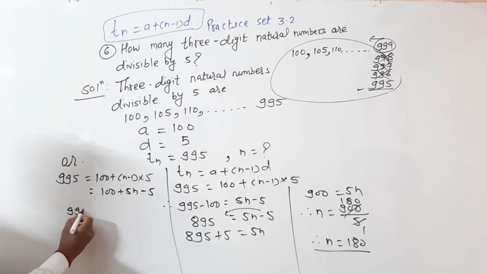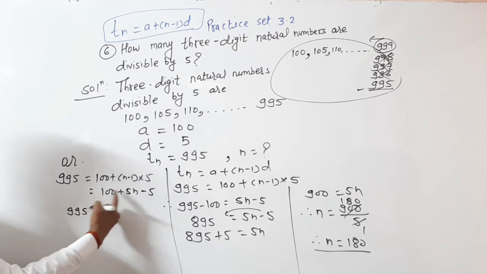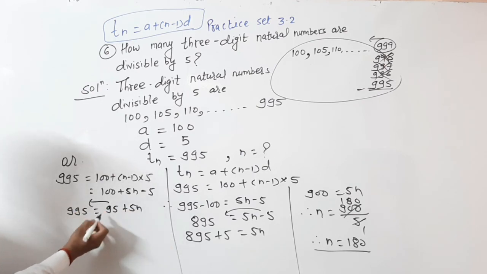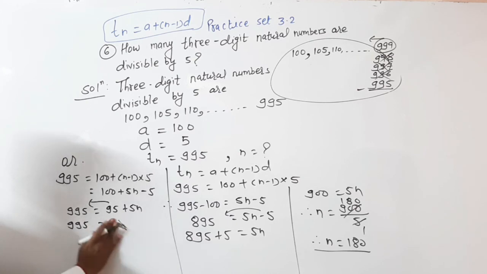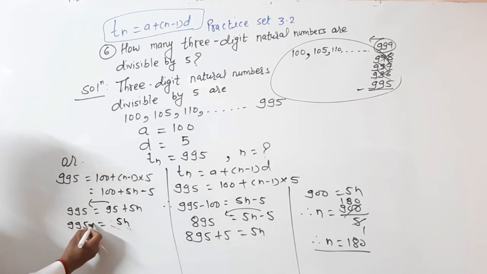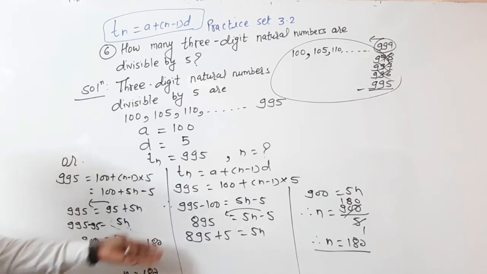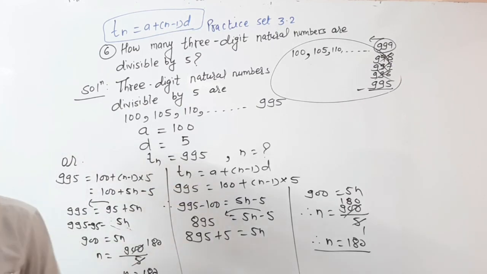So 995 equals 100 minus 5, that is 95, plus 5n, and when you shift it here, 995 minus 95 is 900 equals 5n, so n equals 900 divided by 5, that is 180. So you can solve by any method; simplification is according to you.